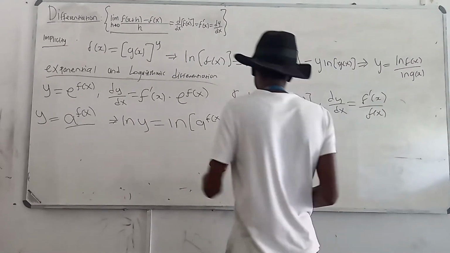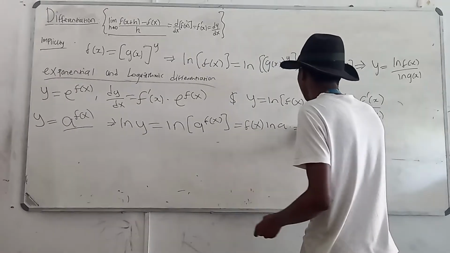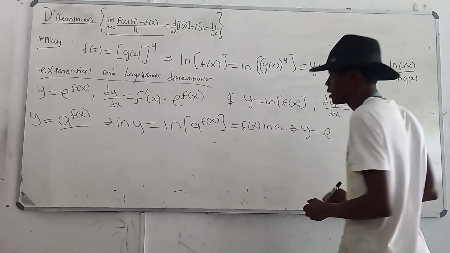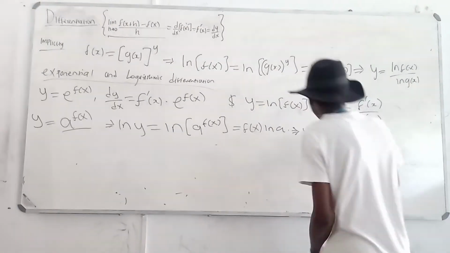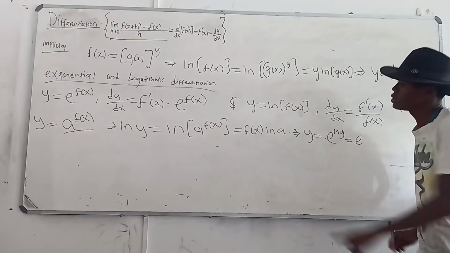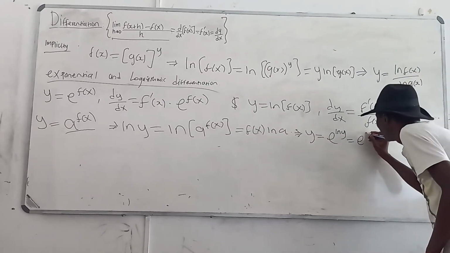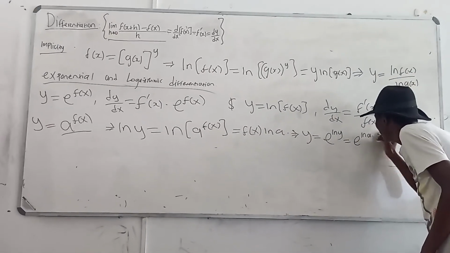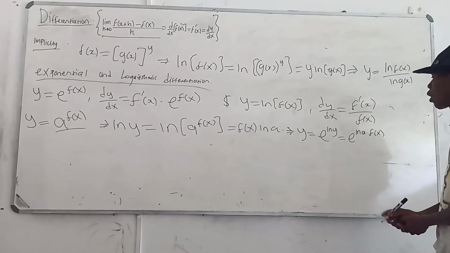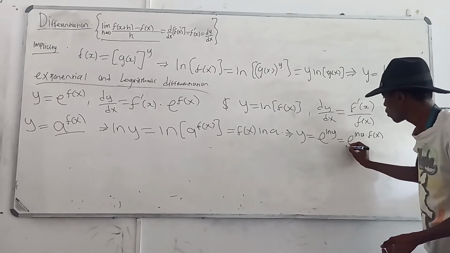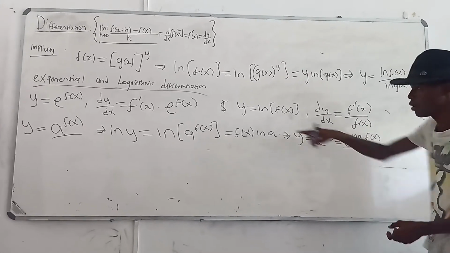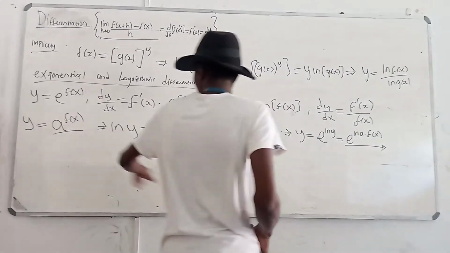So we can take this back: y is the same as e to the power ln y, which is nothing but e to the power ln a times f(x). With this rule, we are going to derive using exponential.